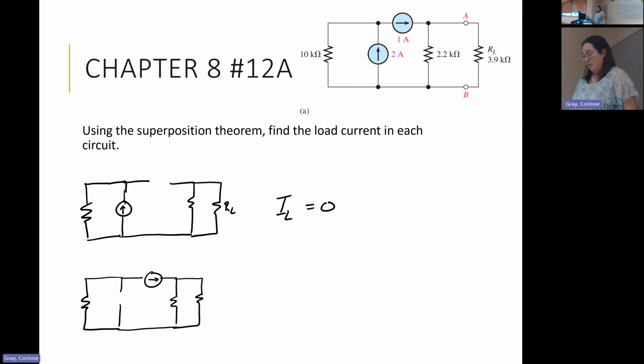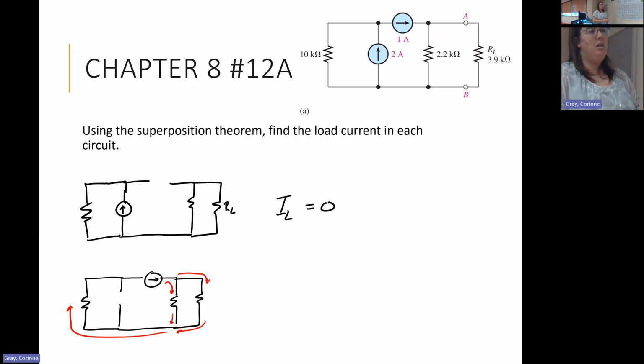It's going to come out, go to the right, reach our first junction, and split. Some of it is going to go through our 2.2 kilo ohm resistor, and some of it is going to go through the 3.9 kilo ohm resistor. It's then going to come back and combine, and all of the current is going to flow through the 10 kilo ohm resistor. So that's what's happening here with the current.